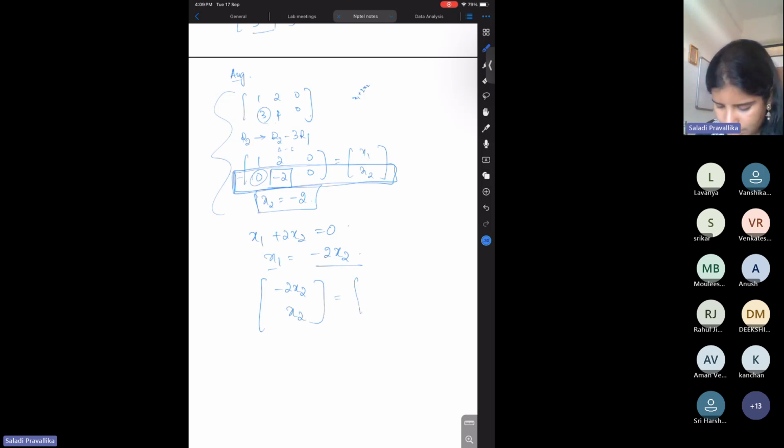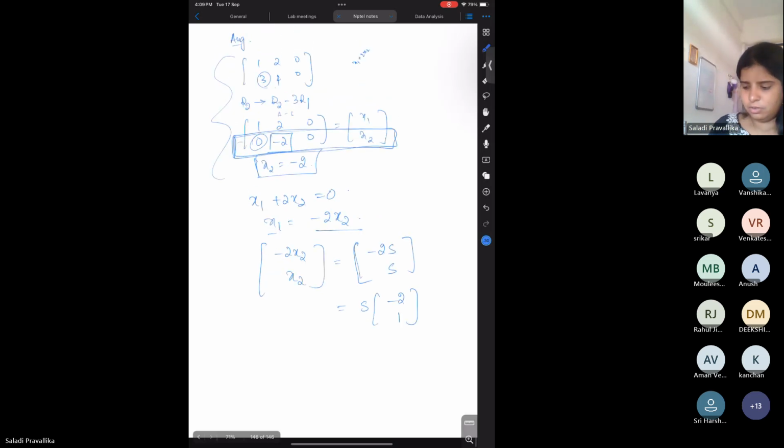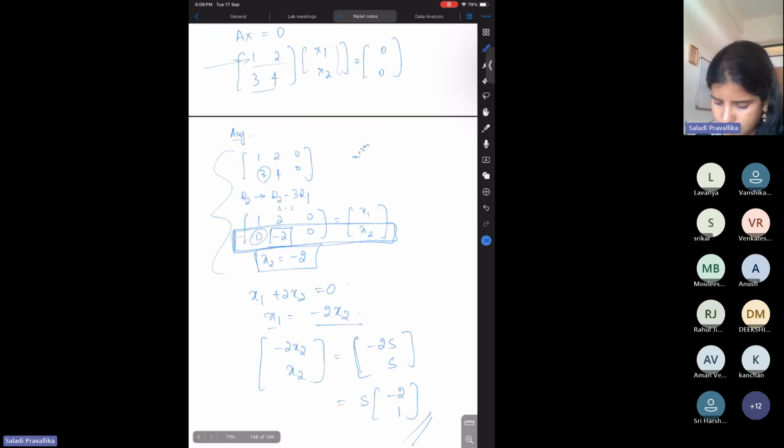So I can write this as minus 2s and s. If I take that s as common, this is going to be my null space. I'm not sure if it is going to be the same if we use the other equation.